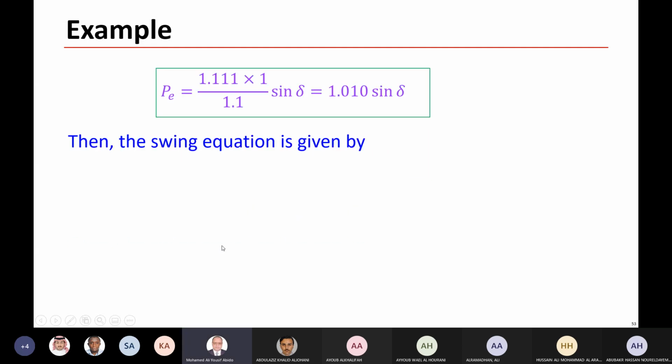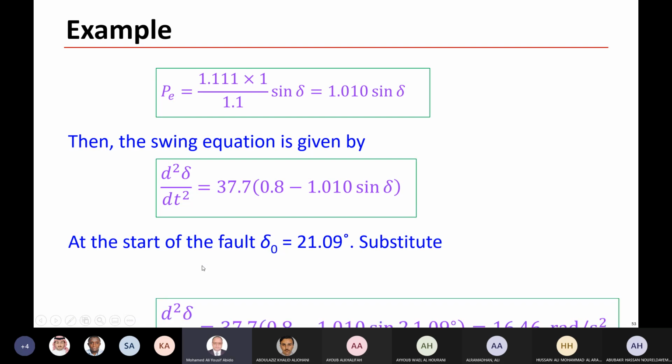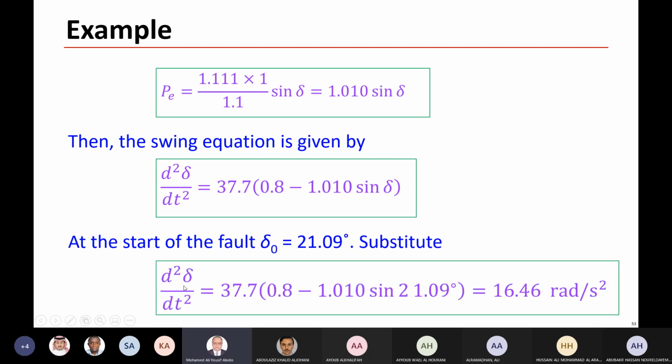And this is P_e, and we can write the swing equation equal to this. This is a constant, omega_s over 2H. P mechanical is constant, what also changes is only the P_e maximum as such.